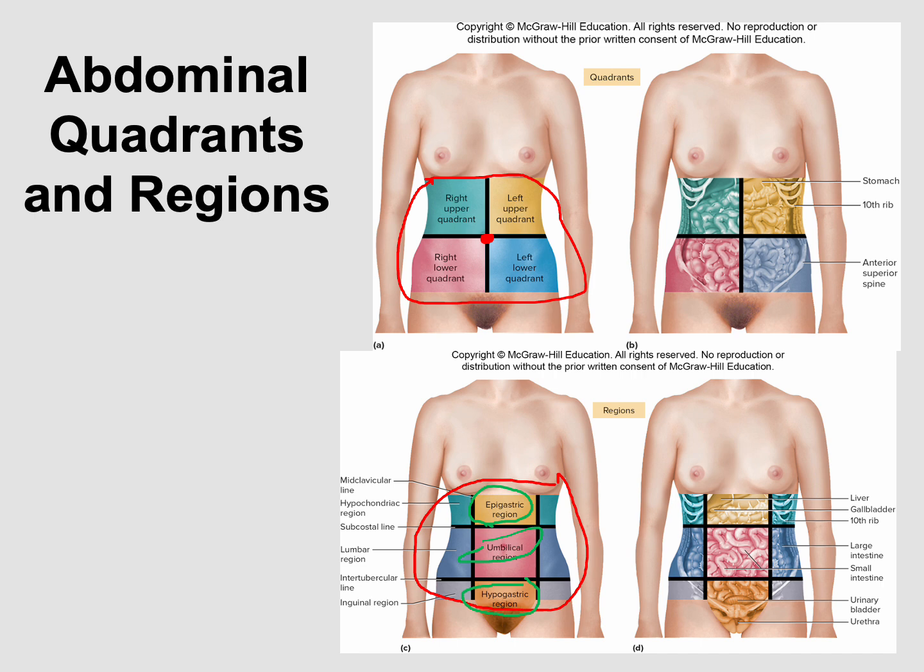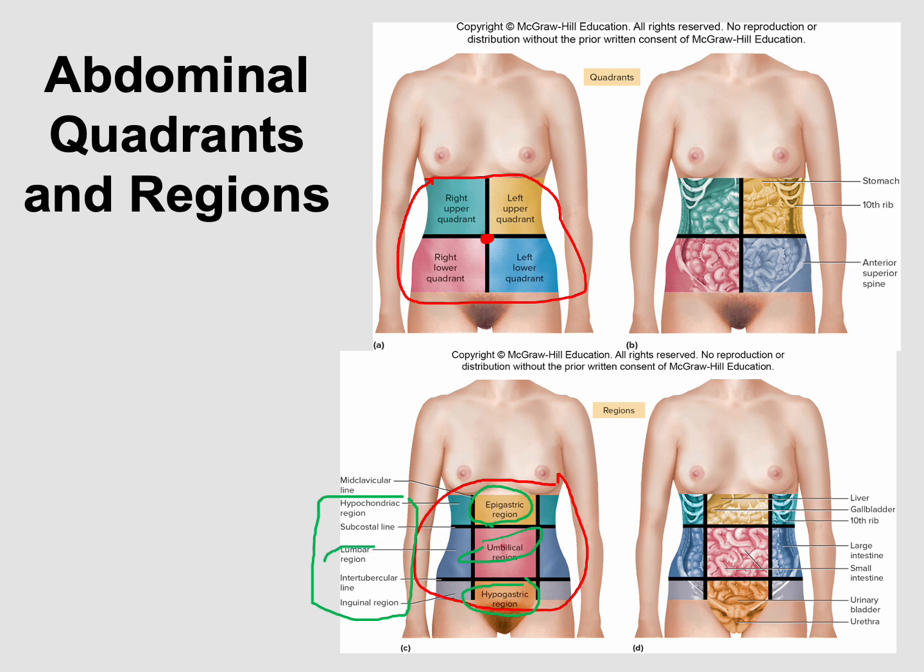You also have a few other regions, and those are located both on the right and the left. I know in this picture you can only see it on the right, but it's also on the left side. The right or left upper region is called the right or left hypochondriac region. Hypochondriac means below the rib, so it's the region below the ribs.